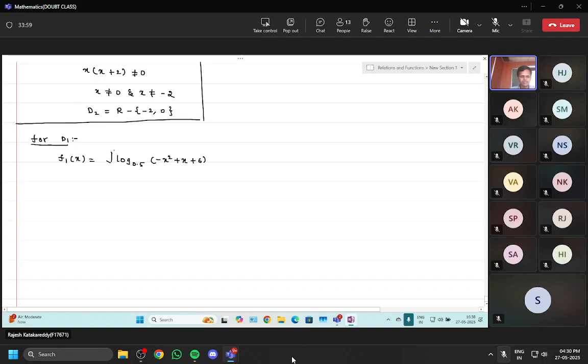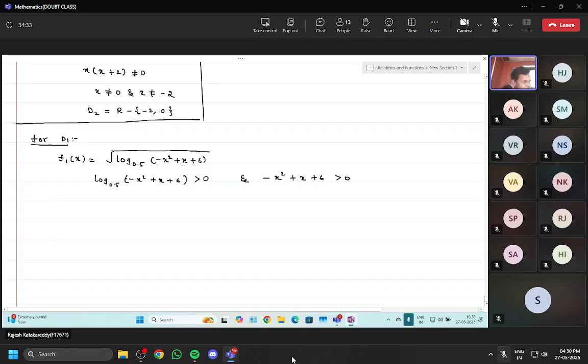In f1 there is a square root function and then there is a log function. Now two things I need to make sure. First, log base 0.5 of minus x square plus x plus 6 is greater than or equal to 0. Second, minus x square plus x plus 6 is also greater than 0.